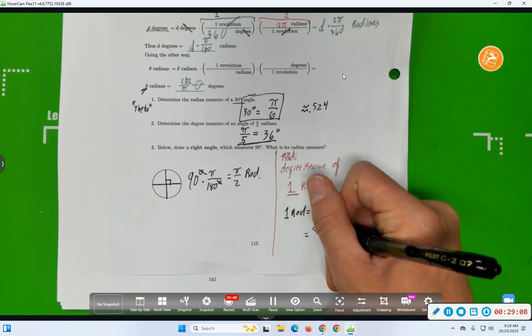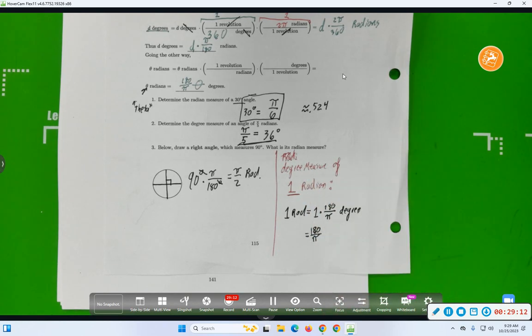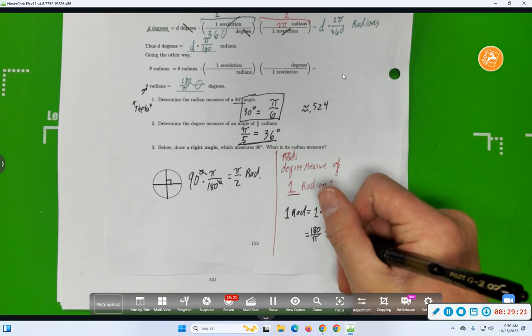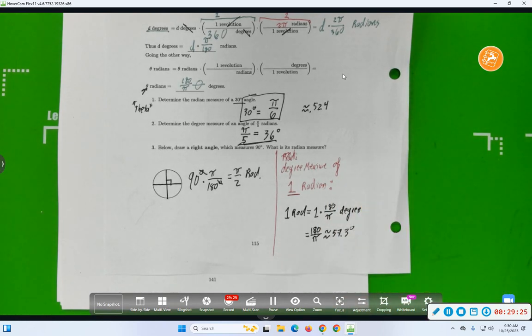Oh, cool. So that's just like 180 over pi. There's no simplification to be done. There's a pi in that denominator. What is that about? About 57.3 degrees. Cool. So sometimes angles just don't have pi's next to them, and that's fine.